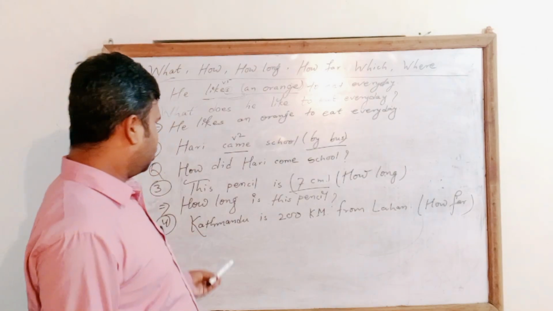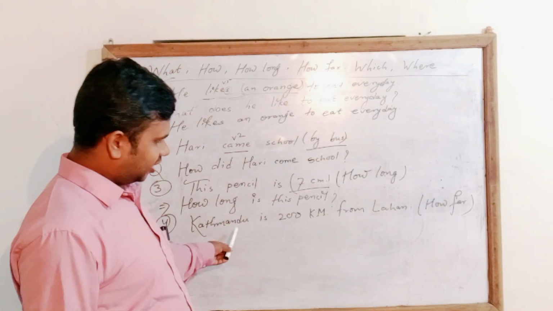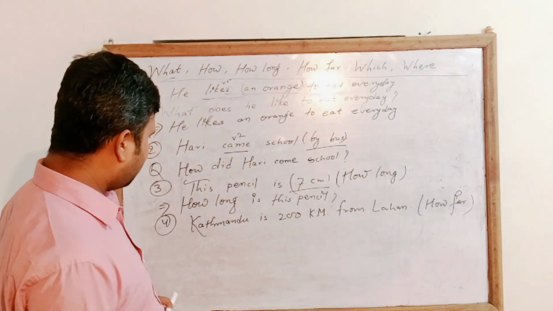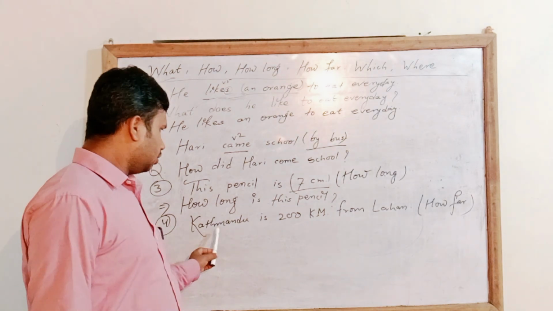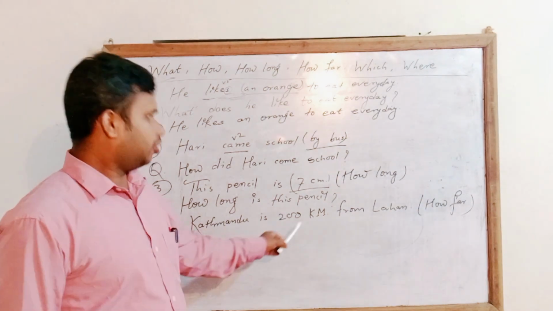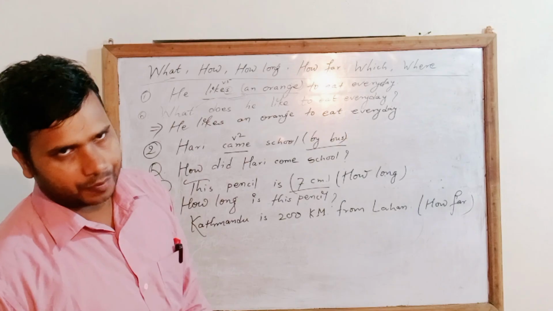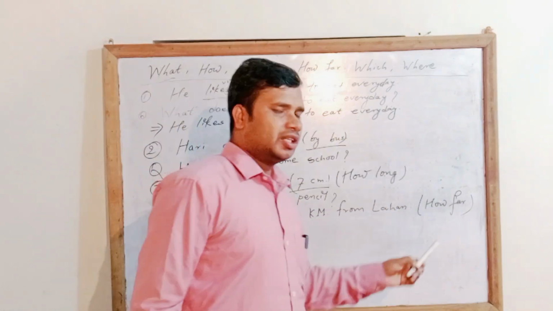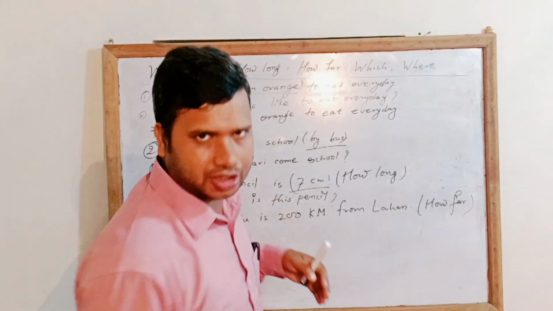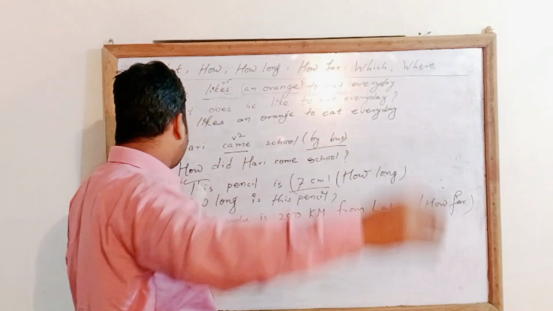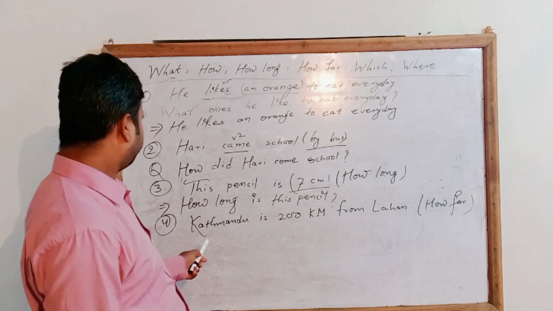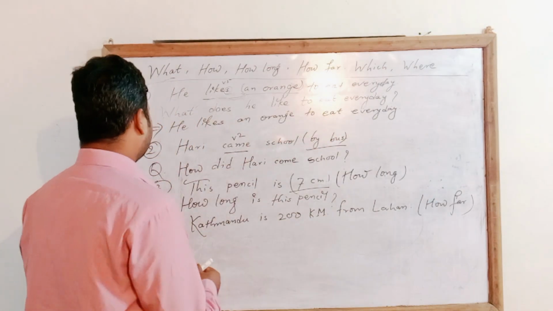So here look, sentences has given in passage and you have to write answer. So Kathmandu is 200 kilometers from Lahan and how far indicates long distance. So here look, how far you have to make questions.